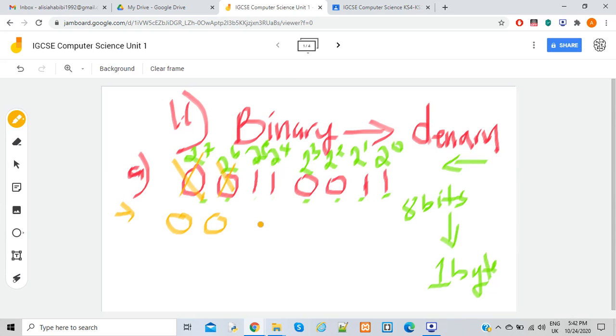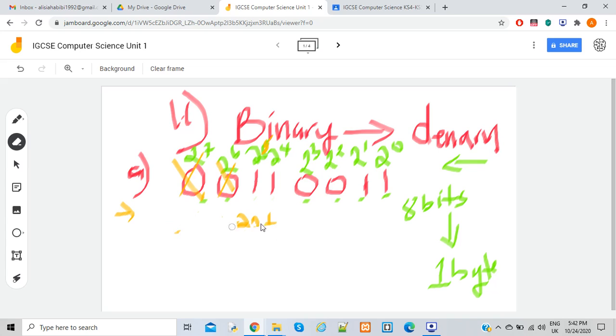1 times 2 to the power of 5, right? Because remember that this is 2 to the power of 5 here, guys, in case you can't see. So 1 times 2 to the power of 5 is 32, so we're going to write 32, and we're going to put a plus sign here. I didn't put a plus sign between the zeros because I don't even have to write the zeros, since they still give you zeros and don't add anything to the total.